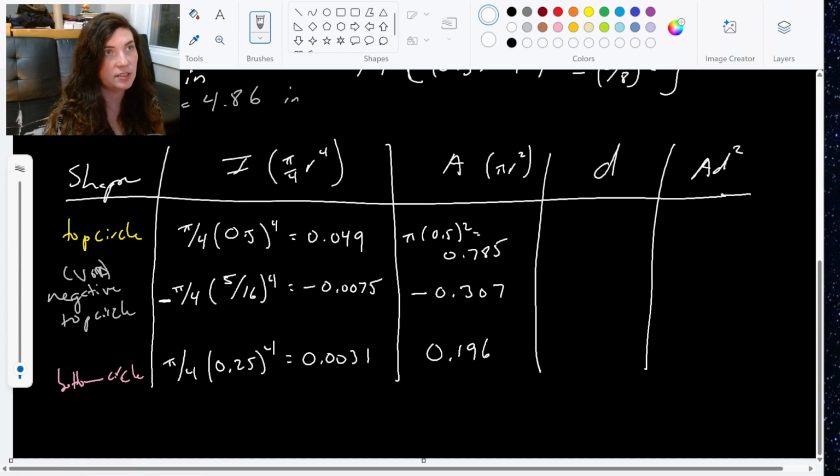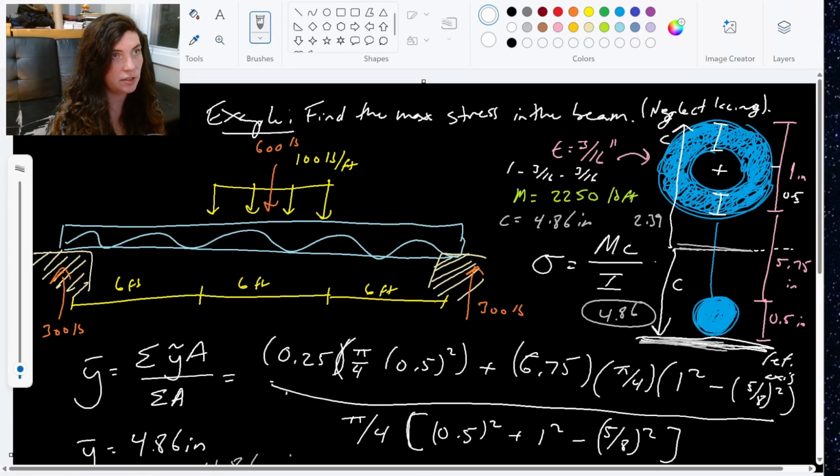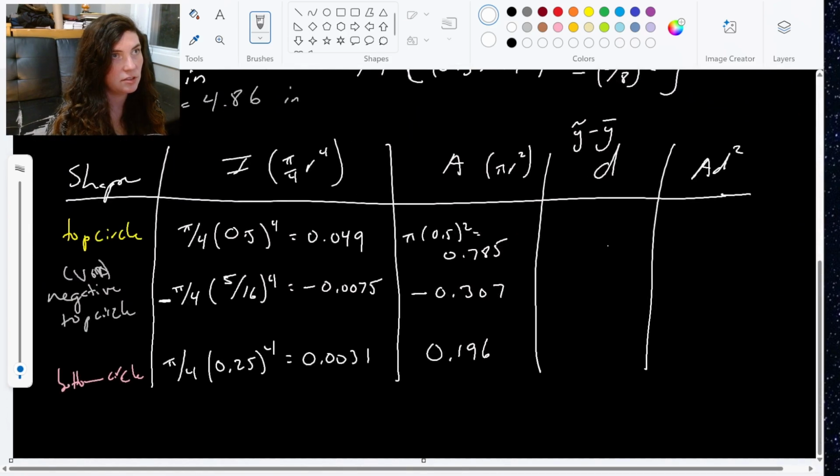Okay, now we just have our D column, which D again is the centroid of the shape minus the overall centroid. So the overall centroid is 4.86, and the centroid for our upper guy here occurs at 6.75. So this is going to be 6.75 minus the centroid value of 4.86. It's going to give us 1.89. The top circle and the negative both have the same centroids, so this is the only thing that doesn't get a negative put on it.